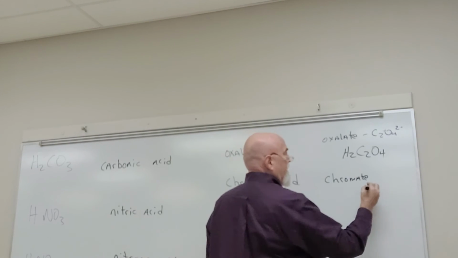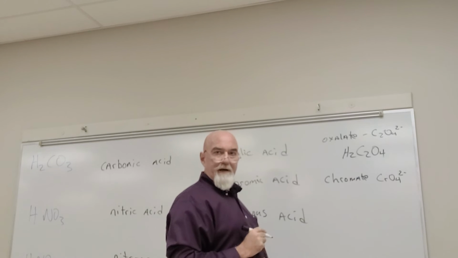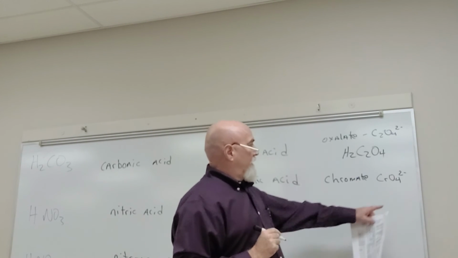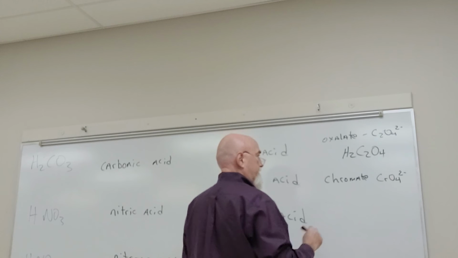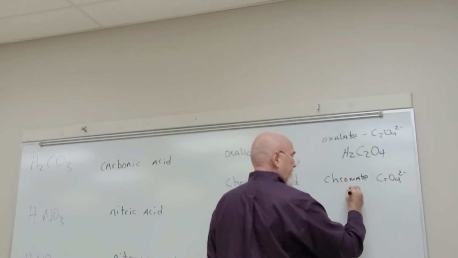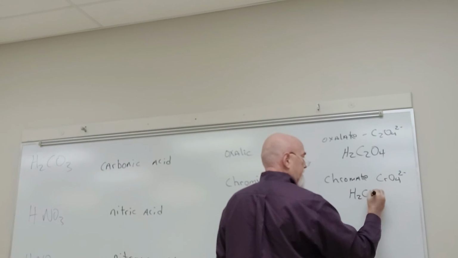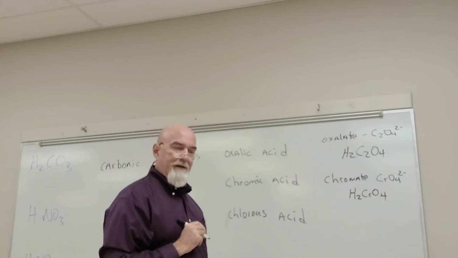When you look at it, it's CrO4, and it has a 2- charge. The charge tells us how many hydrogens it will need when it combines, because you'll need 1 hydrogen to counter each negative. So I need 2 of them, H2CrO4. That would be chromic acid.